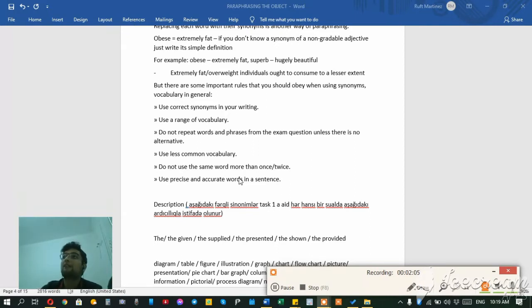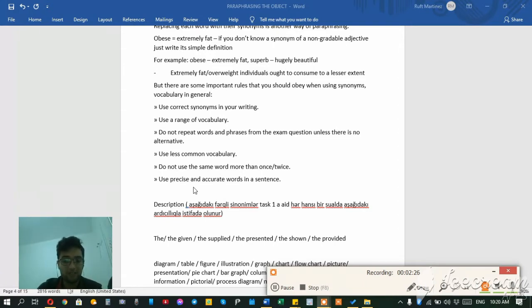If you don't have any other way, then use it twice. But if you do have another way, don't use it twice. Even in your body paragraph, if you have another chance to use some synonyms, then use it. But if you don't have it, just keep it like that. And use precise and accurate words in a sentence.